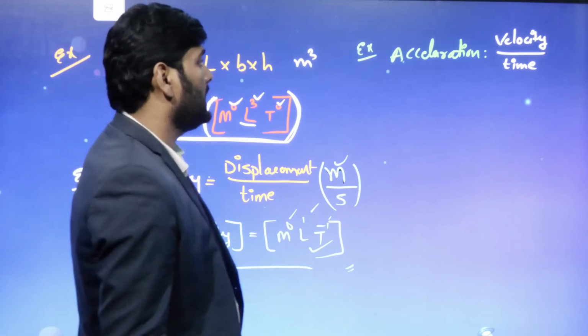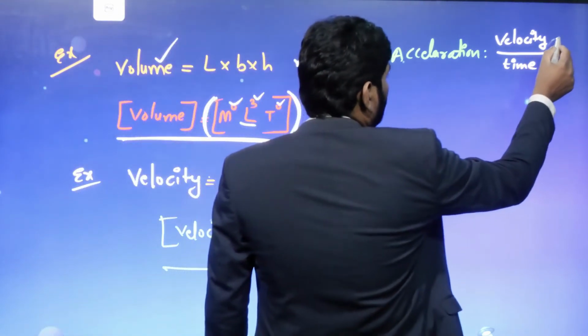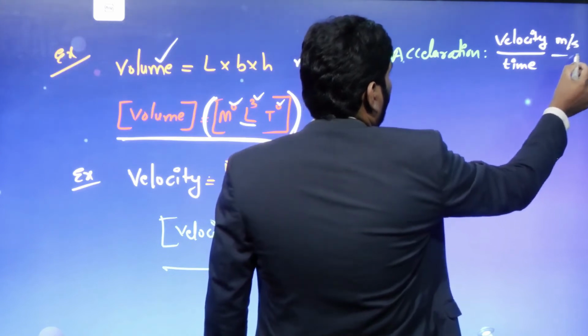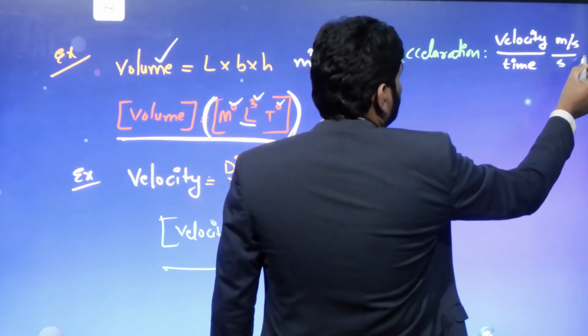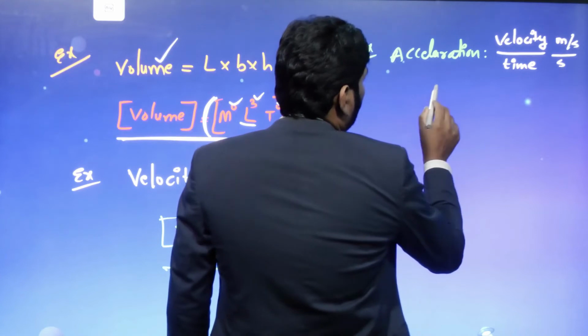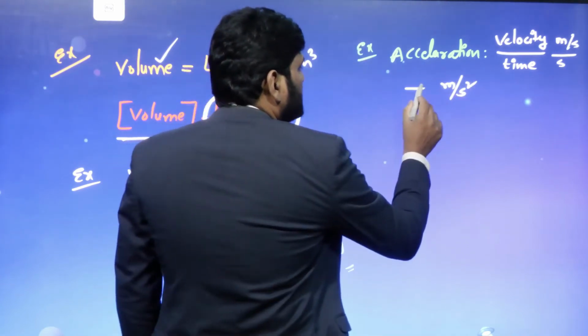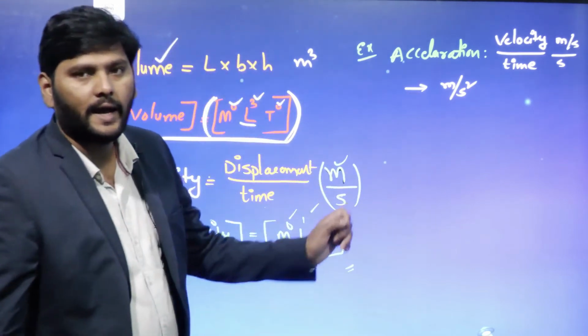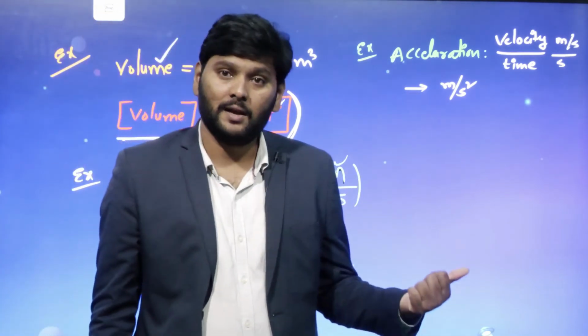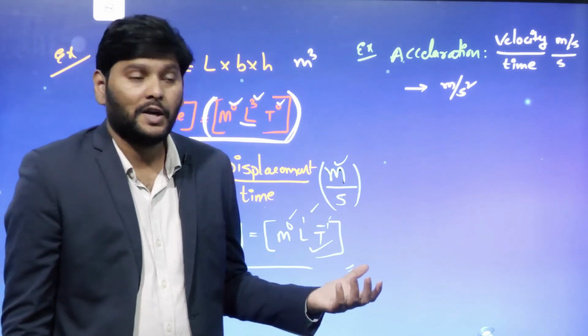You know velocity is in meter per second and time is in second. So combinedly it gives meter per second square, the units for acceleration.